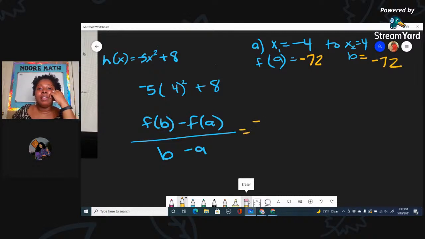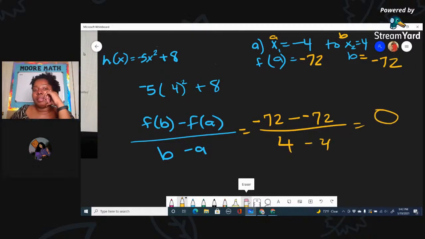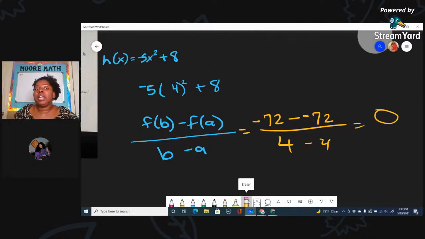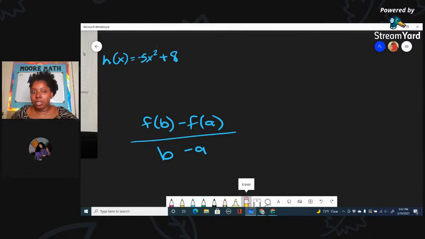So is that going to give us something that equals -30? No. So we get 4 minus -4, and we're going to get a 0 on top. That doesn't work. So let's keep going. So basically, all you're doing is plugging the answer choices in to see if it equals -30. That's basically what you're doing, okay?